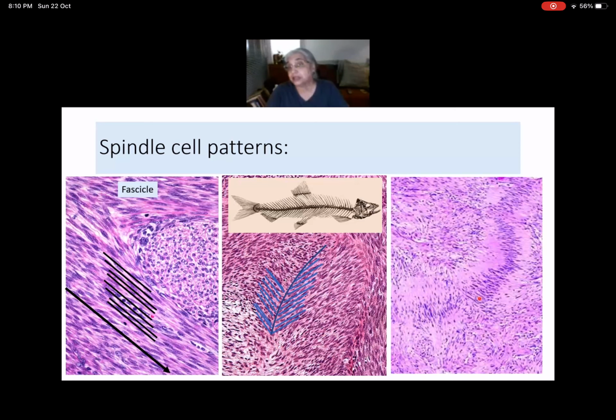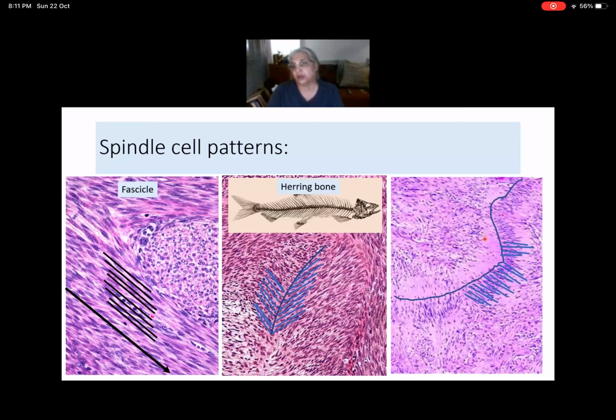And what do you think this third one is? Palisading pattern. Palisading, ma'am. Absolutely right. It is a palisade. Look at these. These nuclei are parallel to one another. Can you see them? Yes, ma'am. Like picket points, they are perpendicular to the direction in which that bundle is running. See, this is the direction. Do you agree?